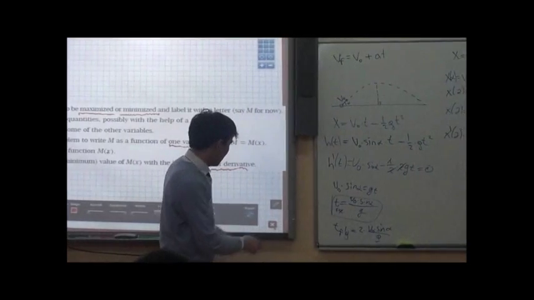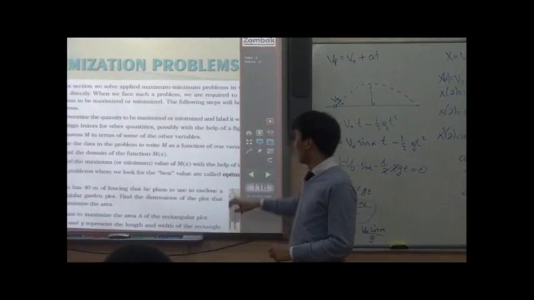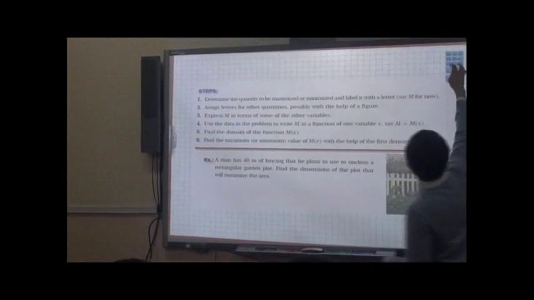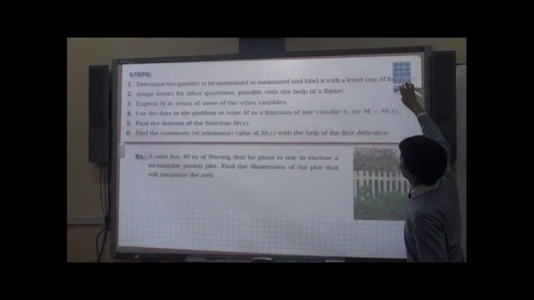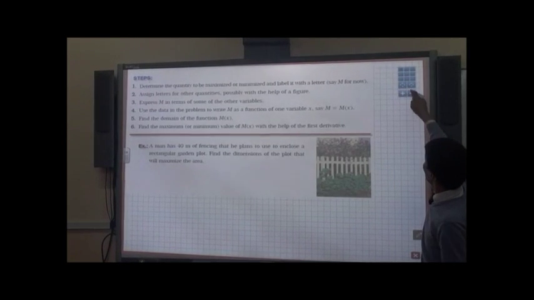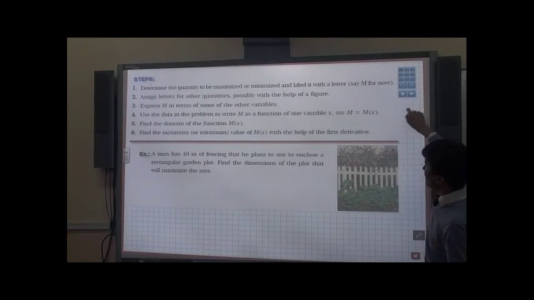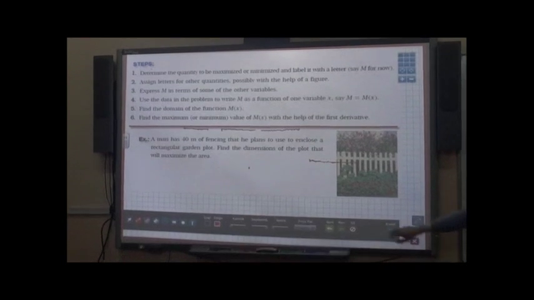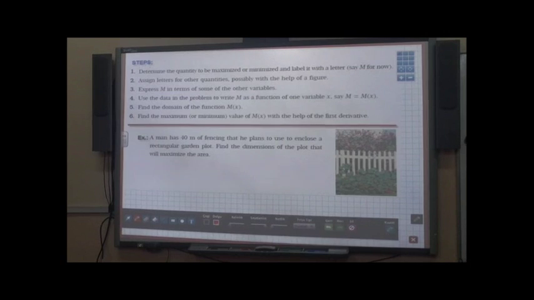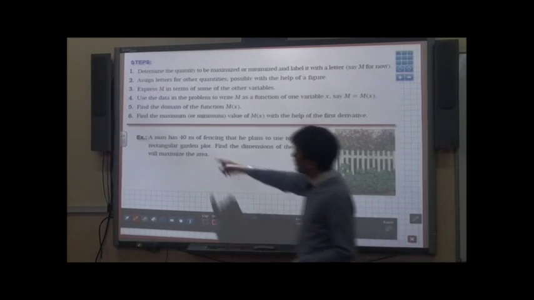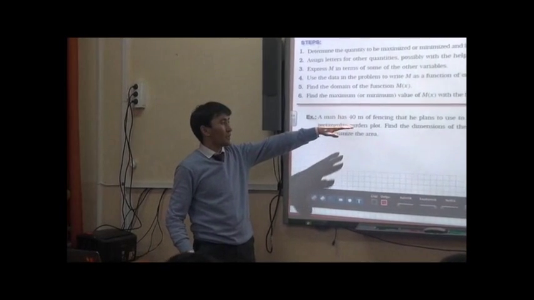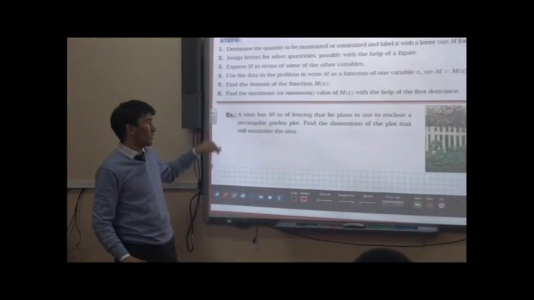Okay, guys, now let's solve this one. Can you see this? The task is: a man has 40 meters of fencing that he plans to use to enclose a rectangular garden plot.